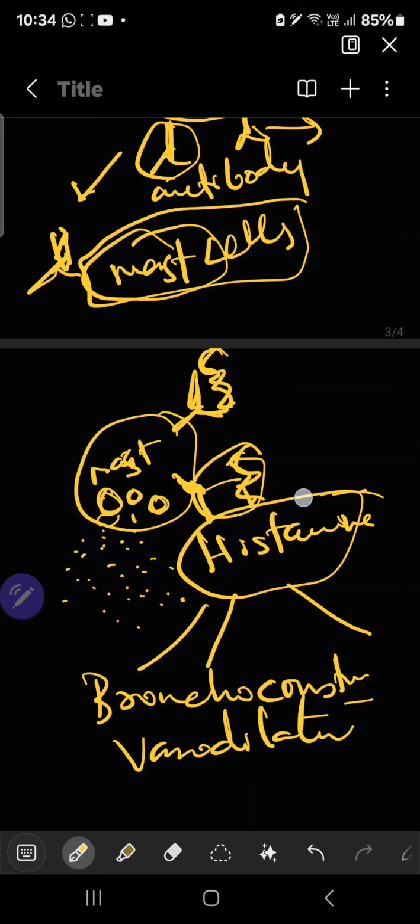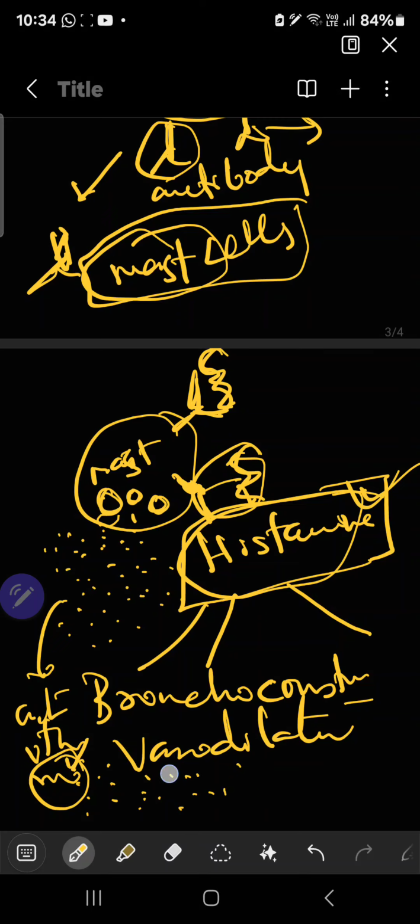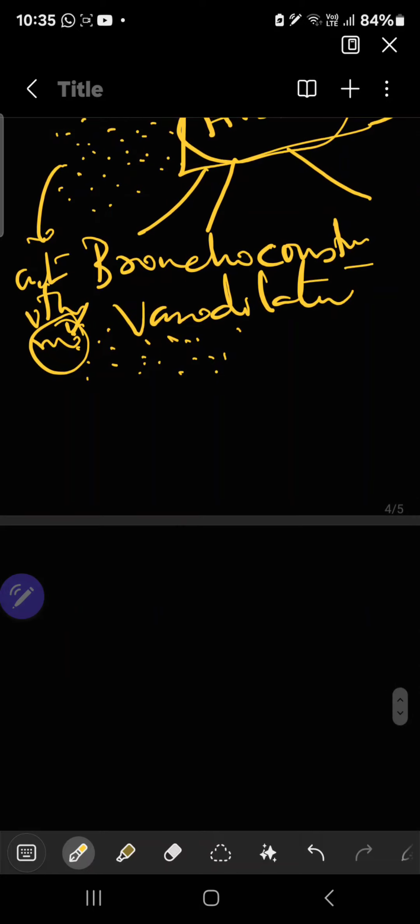There are many inflammatory mediators, I'm just mentioning histamine here. These small granules will go and activate other mast cells, and those mast cells also will release inflammatory mediators. It's like a chain reaction inside our body, right? That is what is causing all these changes in our body.